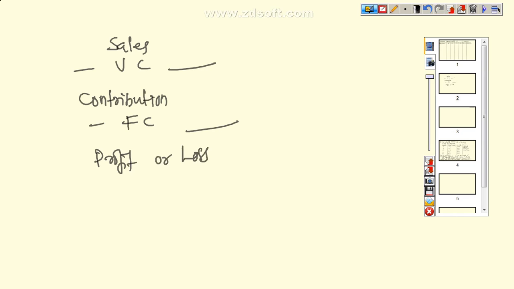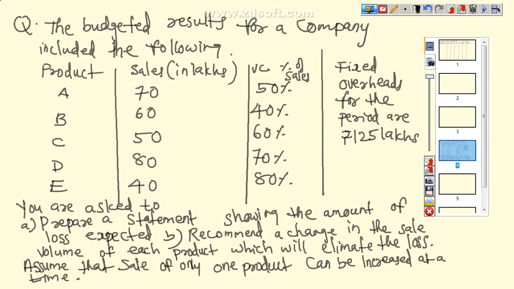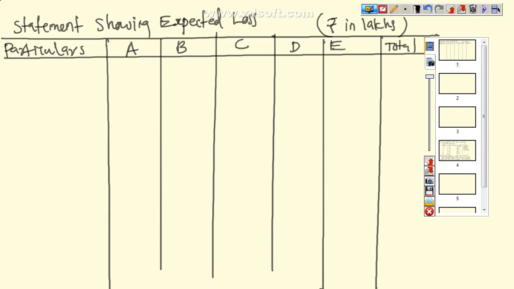So first we write sales. Sales for individual products are given: 70, 60, 50, 80 and 40. Total is equal to 300.